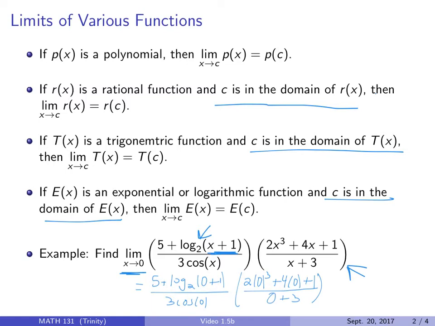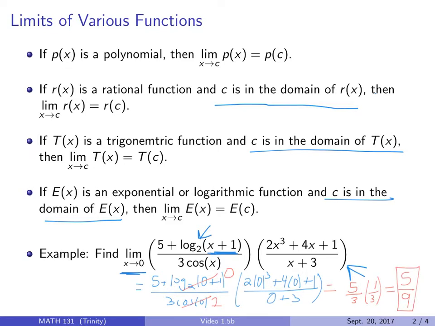So the log base 2 of 1 is the same as saying 2 to what power gives you 1, which is 0. The cosine of 0 is 1, and now we can simplify the rest of this. So 5 plus 0 is 5. 3 times 1 is 3. 2 times 0 plus 4 times 0 plus 1 is 1 over 3. And 5/3 times 1/3 is 5 over 9. So that's my final answer.